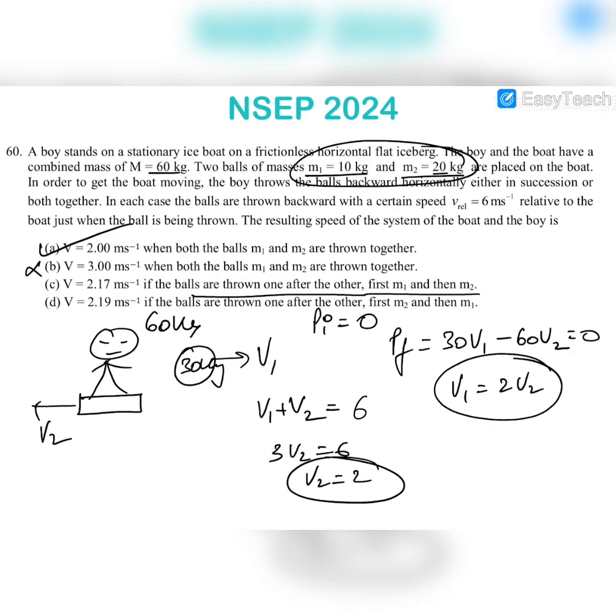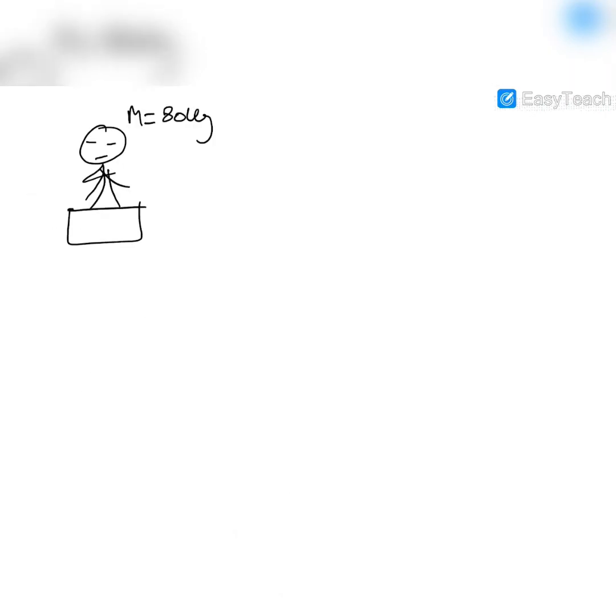Suppose the ball is thrown with velocity v1 and the system recoils with velocity v2. The initial momentum is 0, and the final momentum will also be 0.